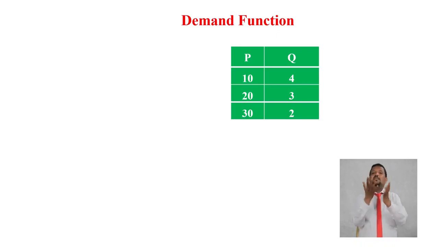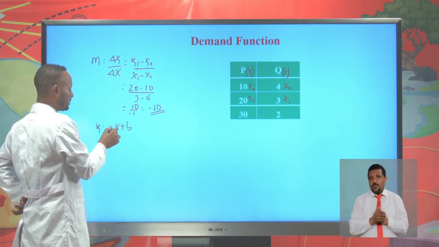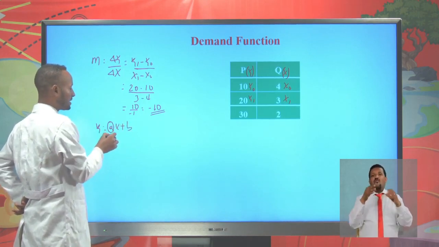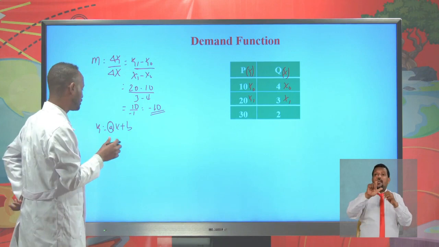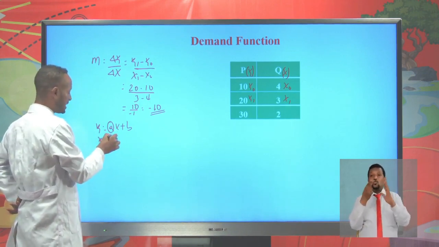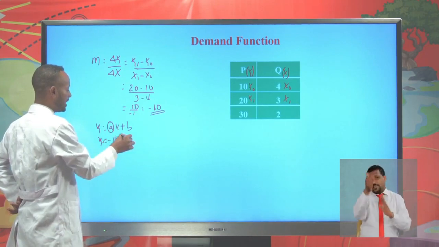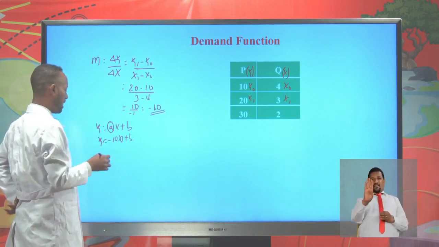Now, for a linear equation represented in the form y = ax + b, the coefficient of the variable x, letter a, stands for the slope of the function. So from this, the slope is minus 10, and y = -10x + b.